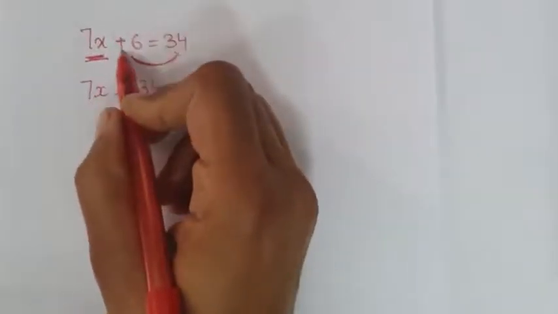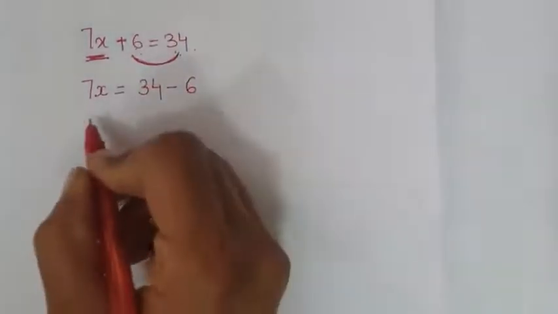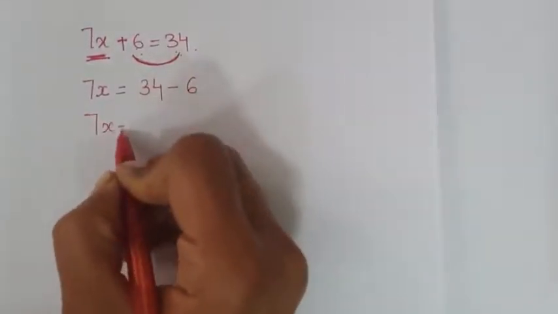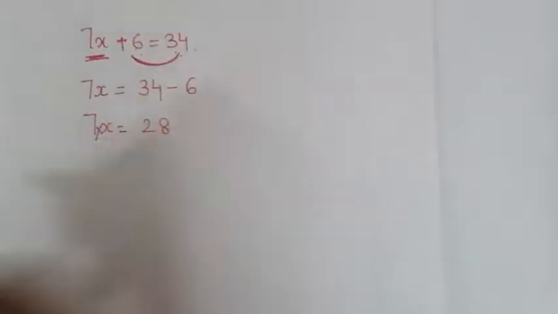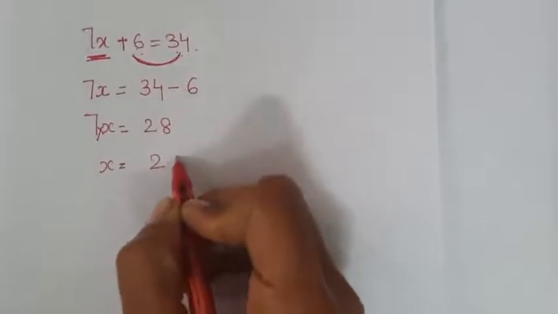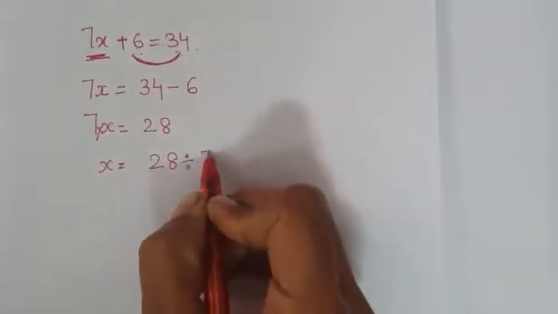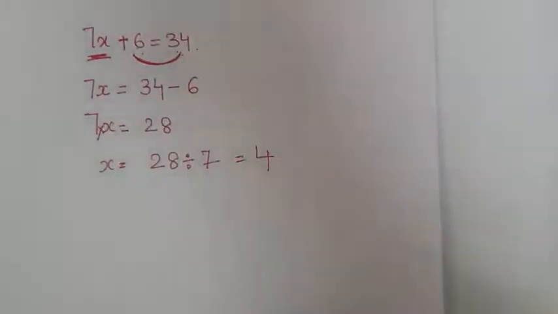Plus sign is here. It will change into negative. So now 7x will be equal to 28. 7 is getting multiplied here, so it will shift to that side and it will get divided. So what we get? We get 4.